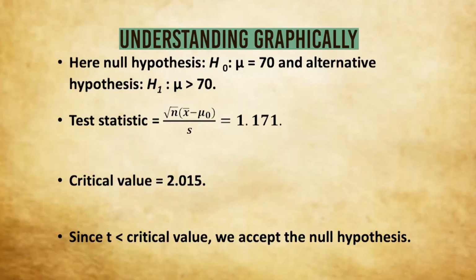Here again I will point out one thing: had the sample been different, if we had selected 6 other students, their scores could have been higher and the value of the test statistic could have been more than the critical value. Then we could have rejected the null hypothesis, unlike what we are doing here.